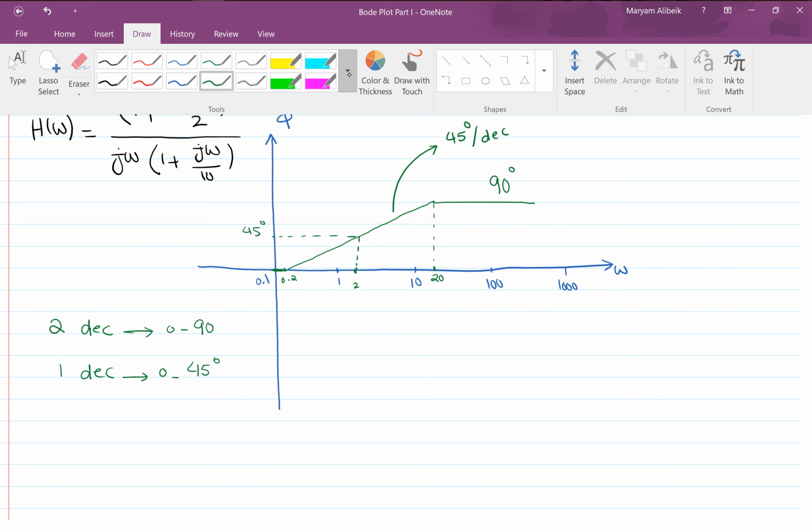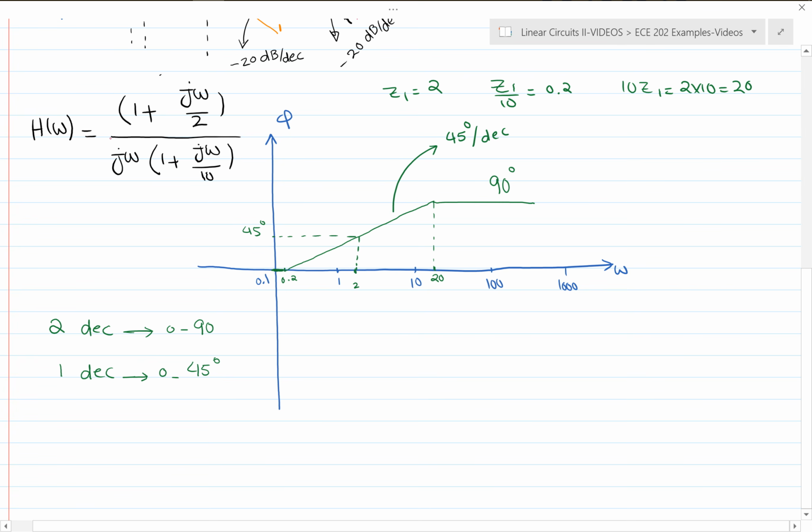Now let's go and draw for the pole. So 1 plus j omega over 10. So P1 is equal to 10, P1 over 10 will be equal to 1, and 10 P1 is equal to 100. Okay, so the 5th row in the table says that the plot should remain 0 until P over 10, which is equal to 1.